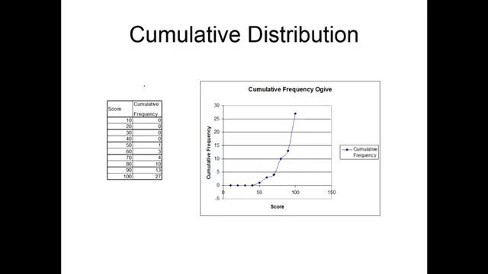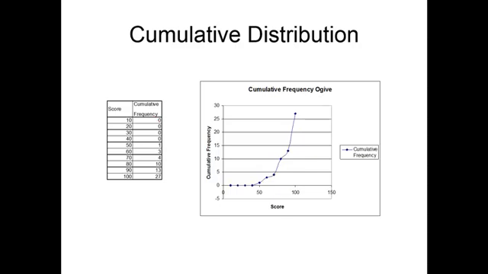Okay. Again, I've taken the same data and I'm making what's called a cumulative distribution. And so I have my class breaks here by just multiples of 10. And a cumulative frequency counts what happens up to that point.